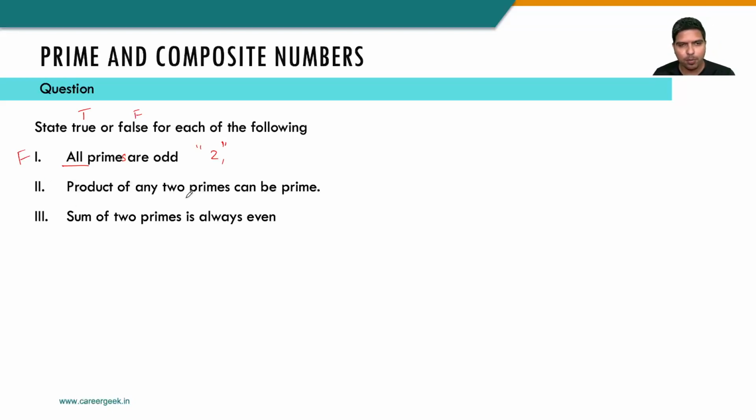Product of any two primes can be prime. Okay, is it possible? Take anything. Let's say we take one even and one odd. This is not prime, this is composite, right? The definition of prime number is that the number can only be written like this.